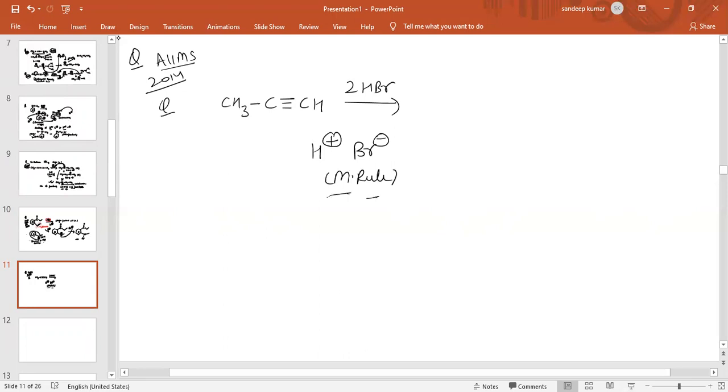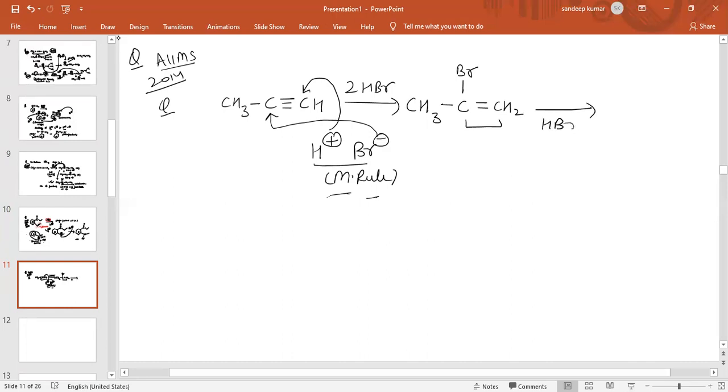Like how? This is the negative part. The negative part will go with the carbon atom having less number of hydrogens, and the positive part will add to the carbon atom having more number of hydrogens. So after the attack of 1 mole of HBr, the product obtained is CH3C(Br)=CH2. Now again there is a double bond, so again addition of HBr will take place.